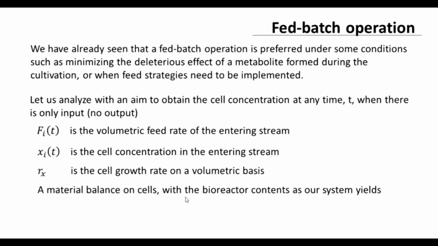If we do a material balance on cells with the bioreactor broth as our system, this is the overall balance equation. There is no output in this case, right? That's our condition, only input, therefore Ro is 0. There is no consumption of cells, let us assume this, therefore this is 0. This is not at steady state, so this cannot go to 0. This term still remains.